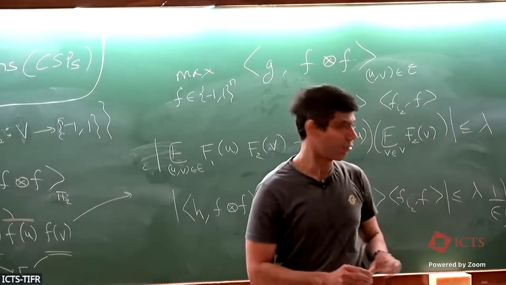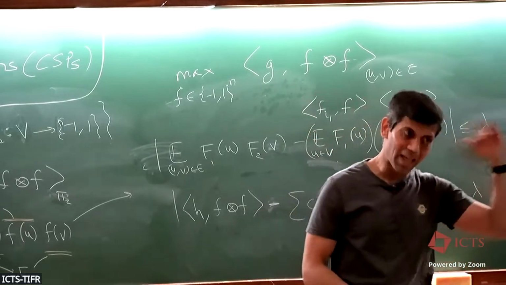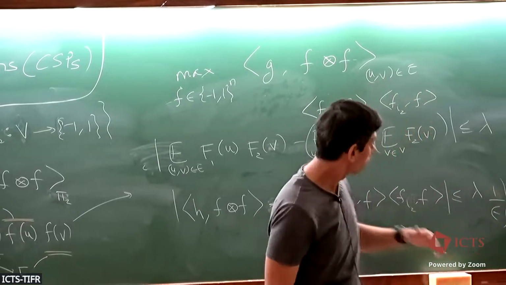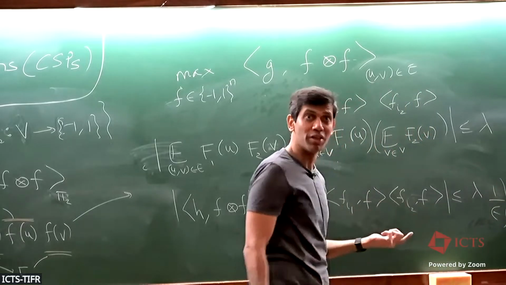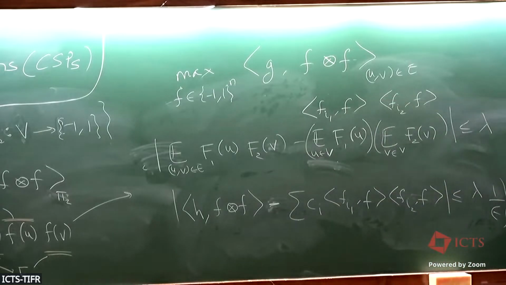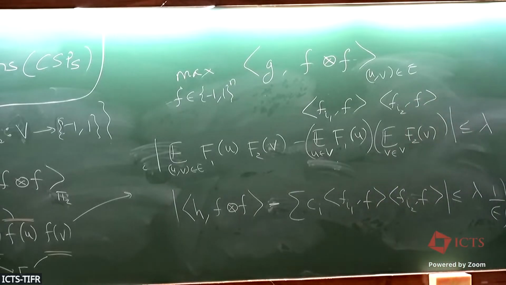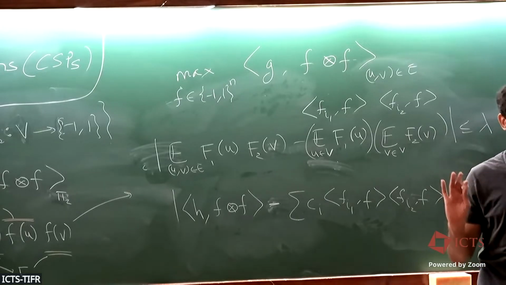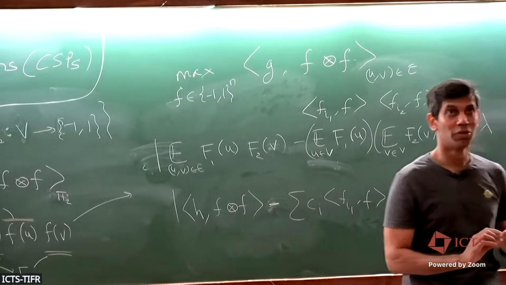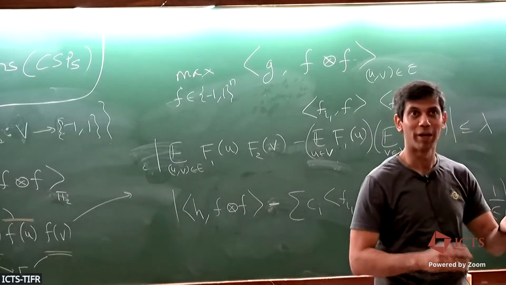In principle, the regularity lemma would have built an H with the same term, but the algorithmic part would not work. So for algorithmic reasons, I can broaden the search space a little bit. That just increases the number of functions with which I need to study inner products by a factor 2. It doesn't really matter for me. And then I just enumerate over the values of all these inner products by going at this partition. That's the whole algorithm. This is for expanders. We'll take it to high dimensions after the break, but not that bad.